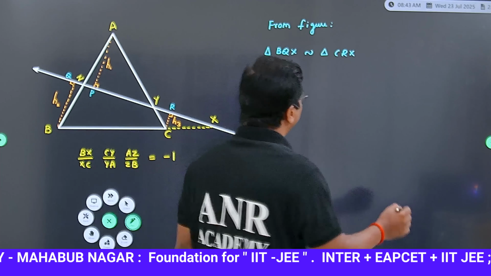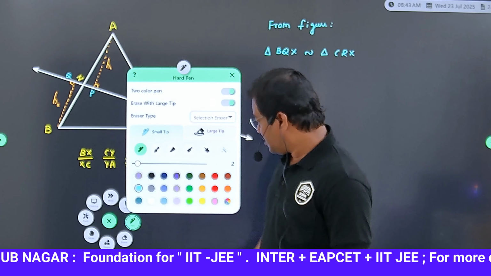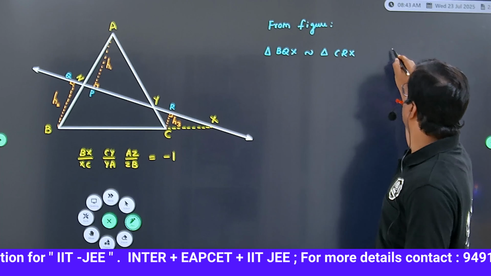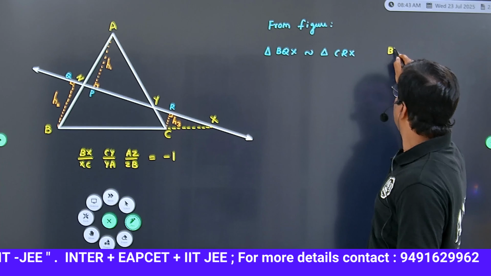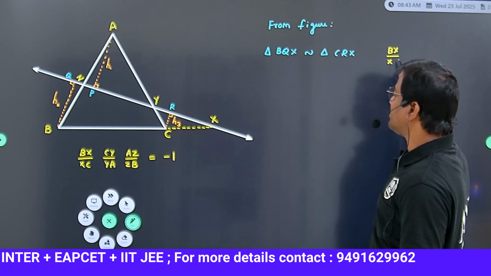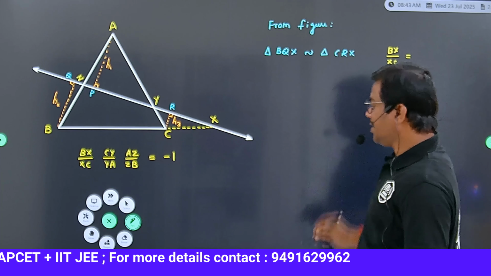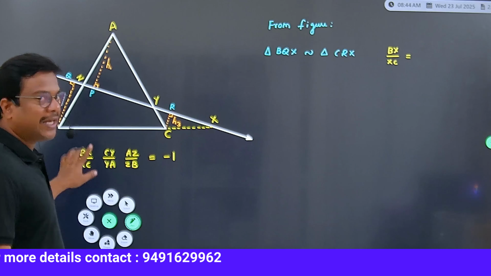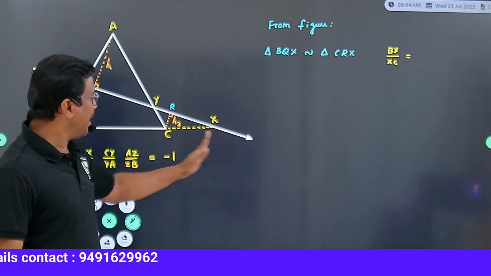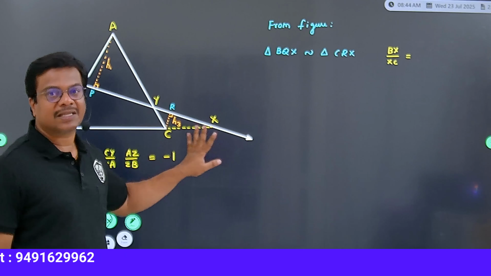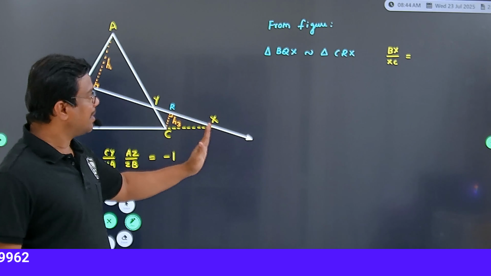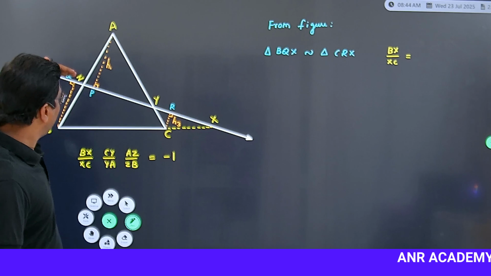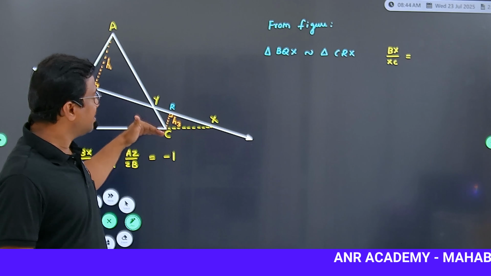So that I can write from this, I am going to write the proportionate ratios. Here I am writing BX by XC. Let us see in the statement, our requirement is BX by XC. The direction here it is opposite, remember. B to X, then X to C, reverse direction. Yes, this is of H2 and this is in this direction H3.